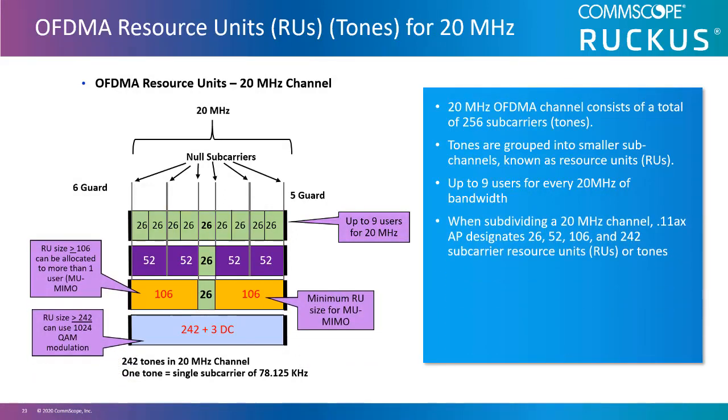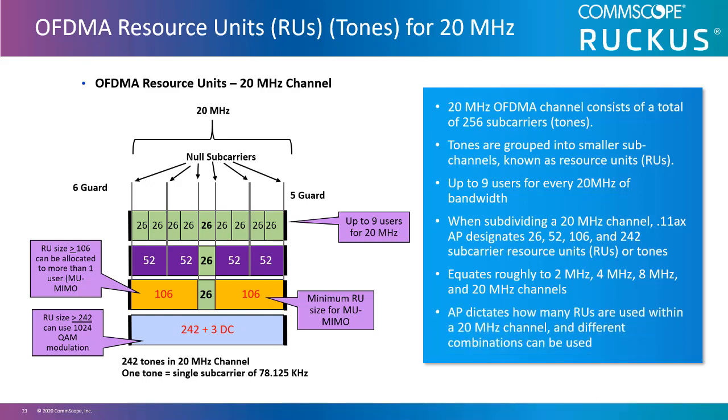For example, when subdividing a 20 MHz channel, an 802.11ax AP designates 26, 52, 106, or all 242 subcarrier resource units, which equates to roughly 2 MHz, 4 MHz, 8 MHz, and the 20 MHz channel, respectively. An 802.11ax AP dictates how many RUs are used within a 20 MHz channel, and different combinations can be used and different sizes can be assigned to each client based on their bandwidth needs.